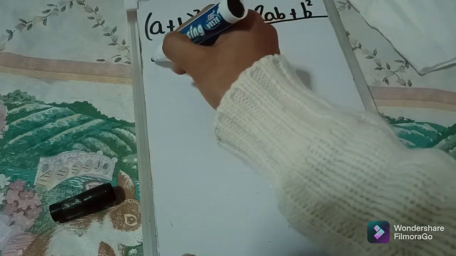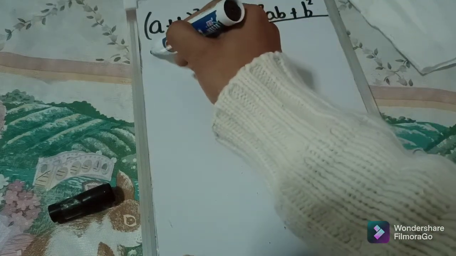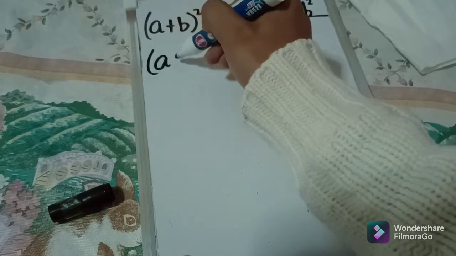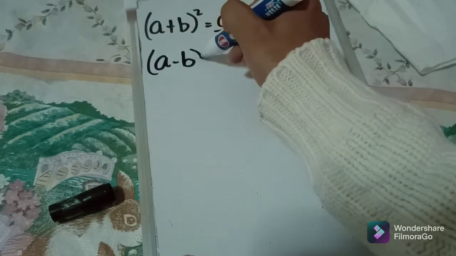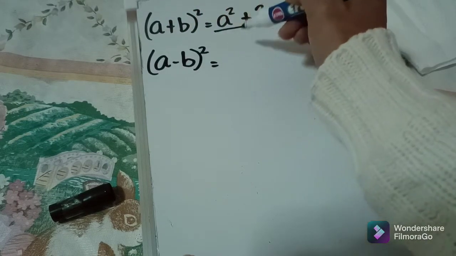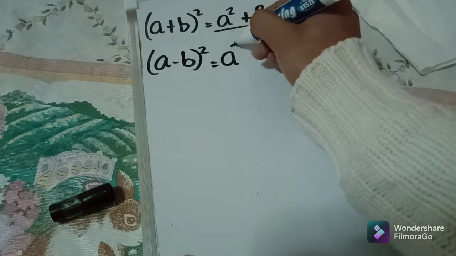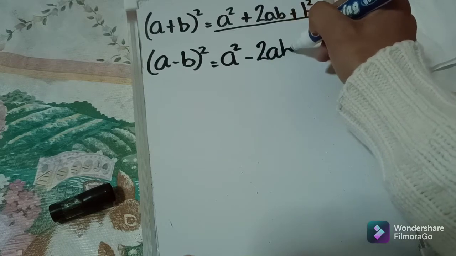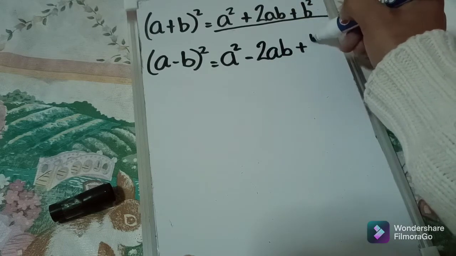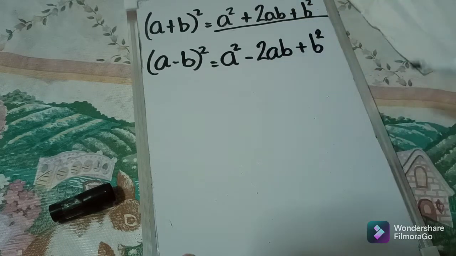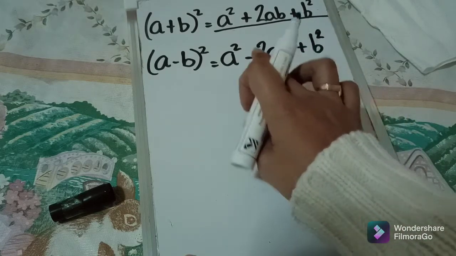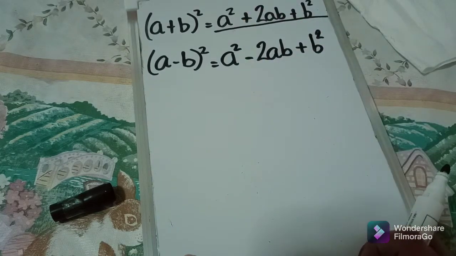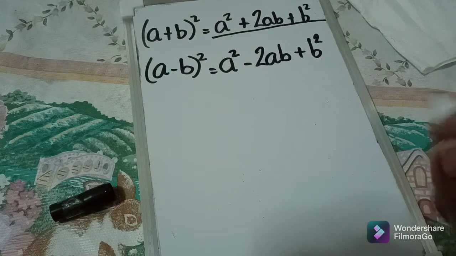What if the operation is minus? So, (a minus b) squared. We're going to have a squared minus 2ab plus b squared. Basically, only the operation, the symbol, changed.